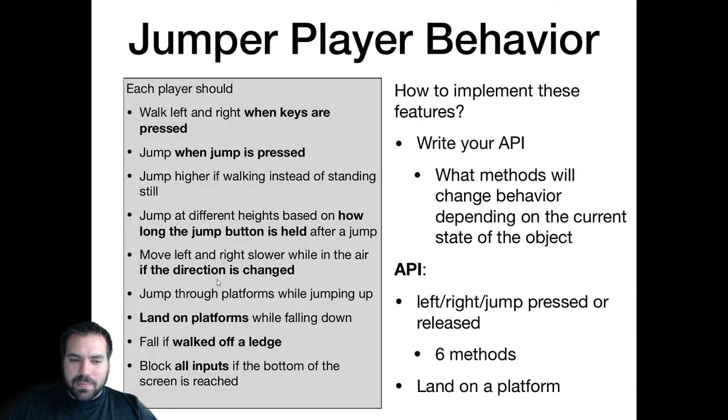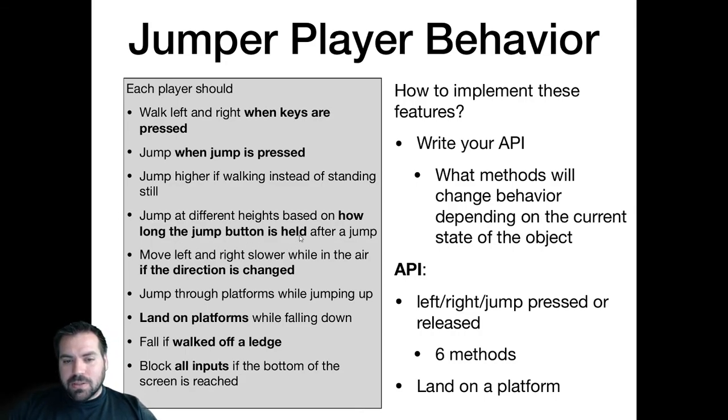Landing on a platform, right? Direction change, that's right or left was pressed or released. The jump button held, since we're checking how long the jump button is held, I want to get when the jump button was pressed and also when it's released. So I want to check both of those events and then tell my current state, hey, the jump button was pressed. Hey, the jump button was released. And what should happen in each state.